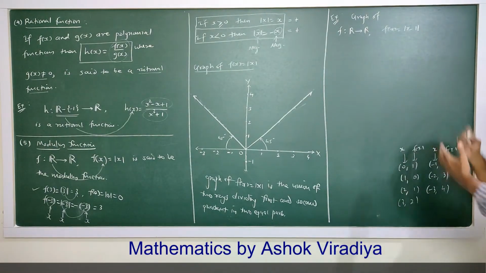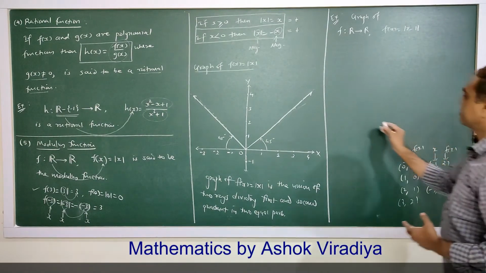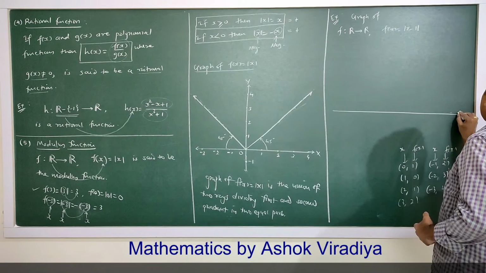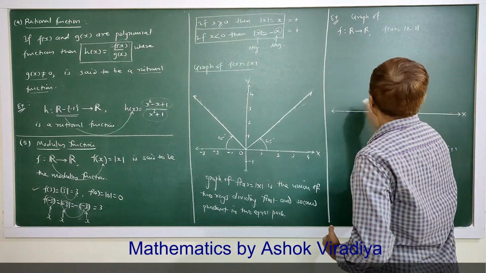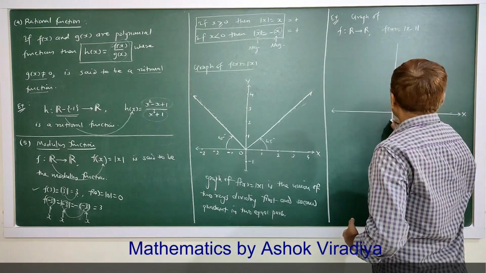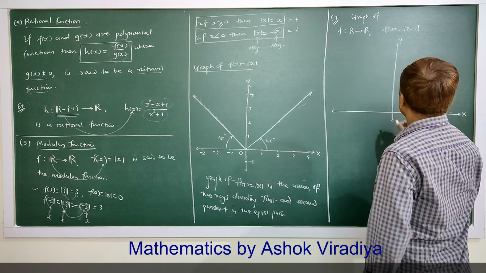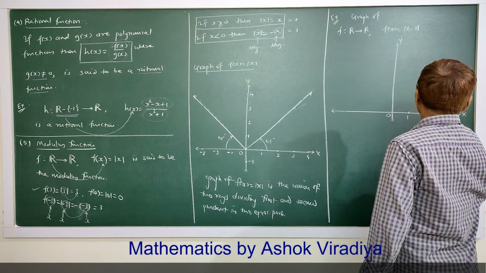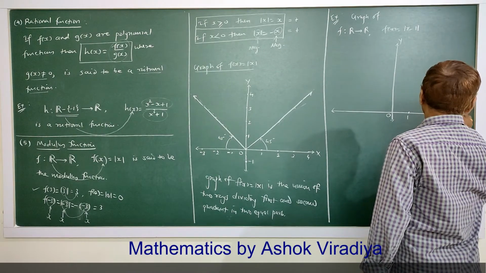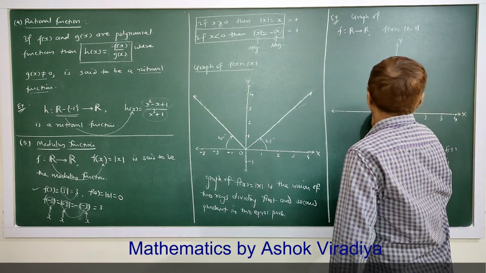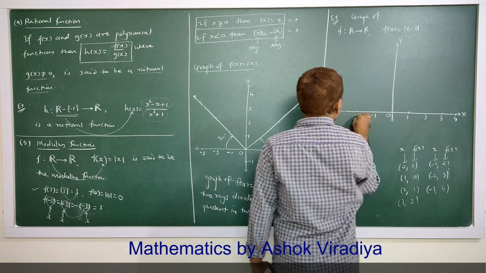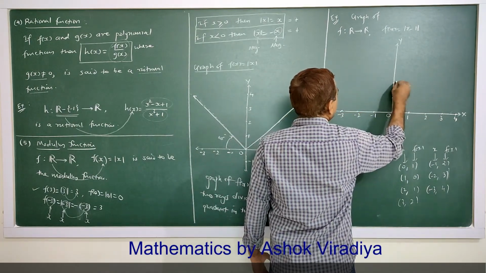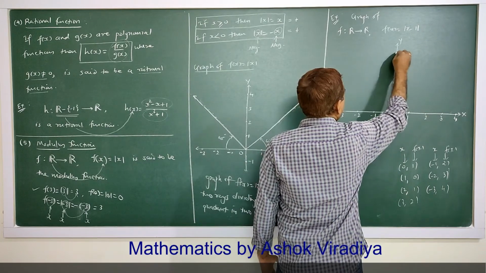Now to observe its graph, putting these points here, this is x-axis, this is y-axis, origin, here 1, 2, 3, 4, minus 1, minus 2, minus 3.